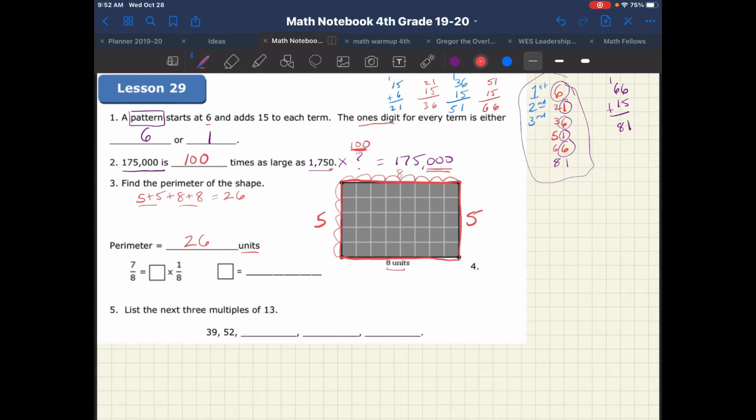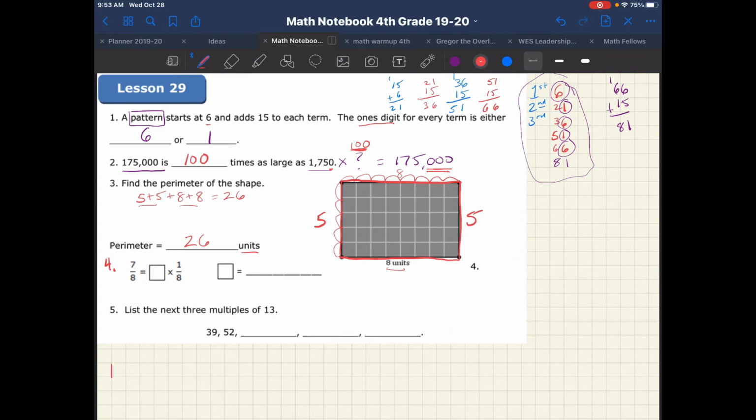Okay, it looks like they forgot to label this number 4. 7/8 times 7/8 equals something times 1/8. So this is not as hard as it seems. It really means how many groups of 1/8 do we need to get 7/8? So I think I'll do it right under here.